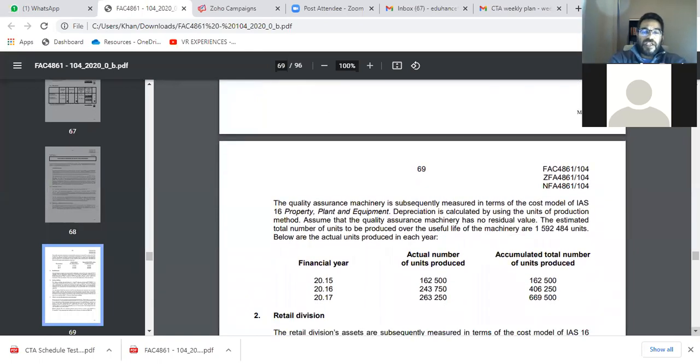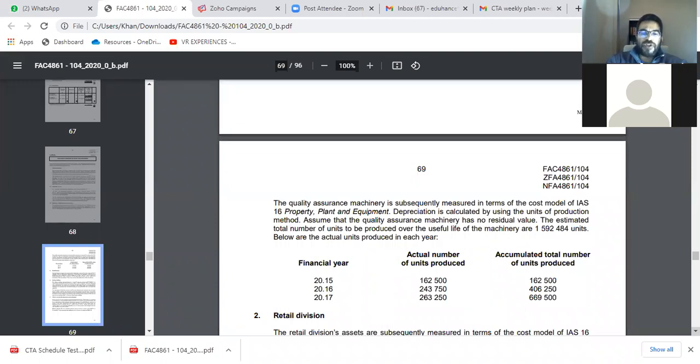We say the quality assurance machinery is subsequently measured in terms of the cost model of IAS 16 PPE. Depreciation is calculated by using the units of production method. Assume that the quality assurance machinery has no residual value. The estimated total number of units to produce over the useful life of the machine is 1.5 million.